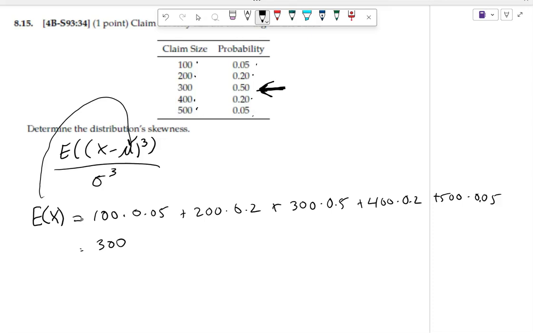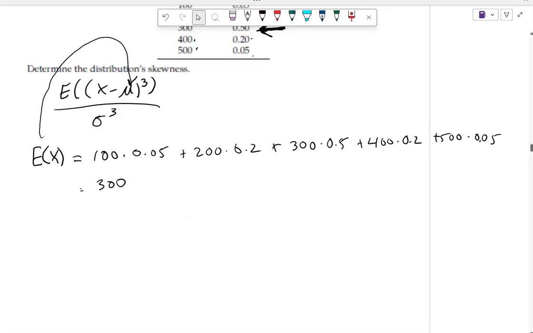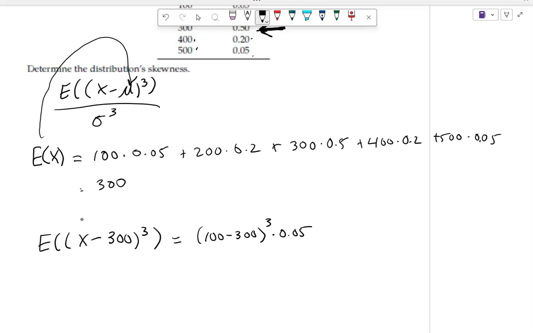I'm not going to quit right this second, because I just want to illustrate what you have to do if it's not symmetric. I need to calculate that, right? I need to do x minus 300, quantity cubed. And then I would also need to do the standard deviation, but I'm just going to do this part. So in this case, you would have 100 minus 300 cubed times 0.05.